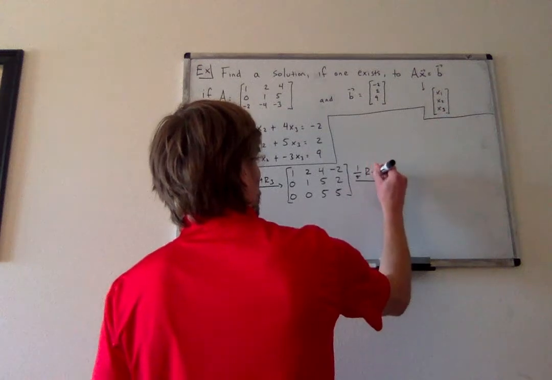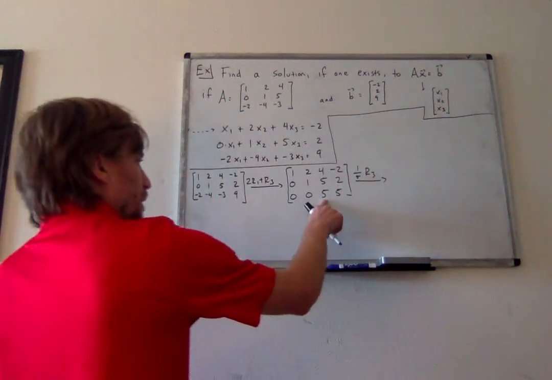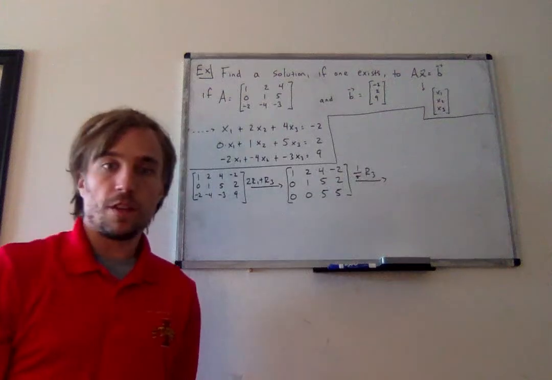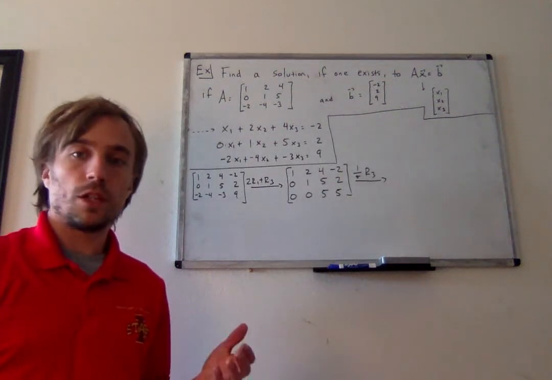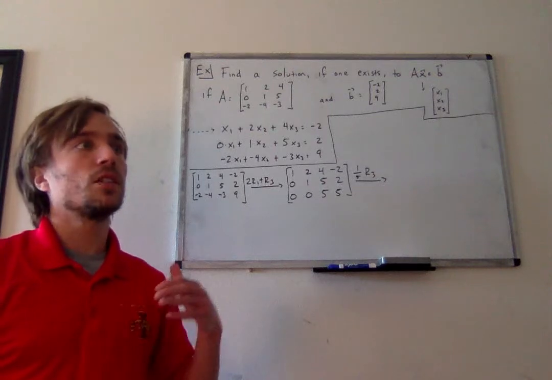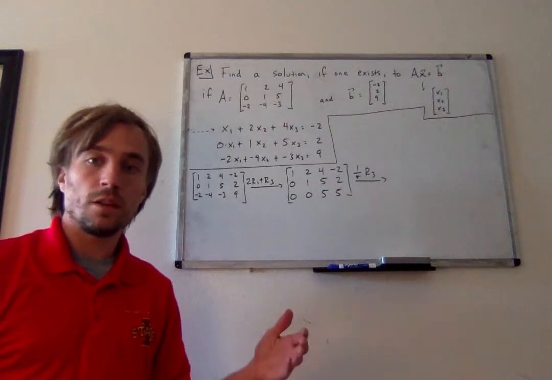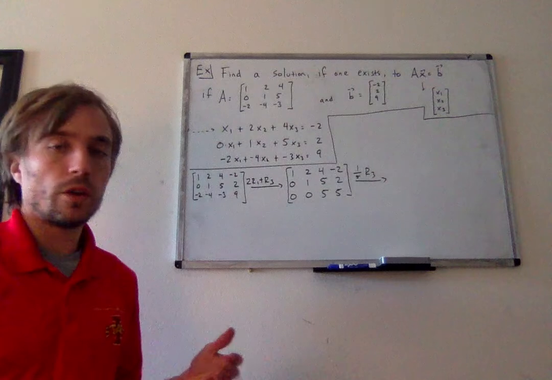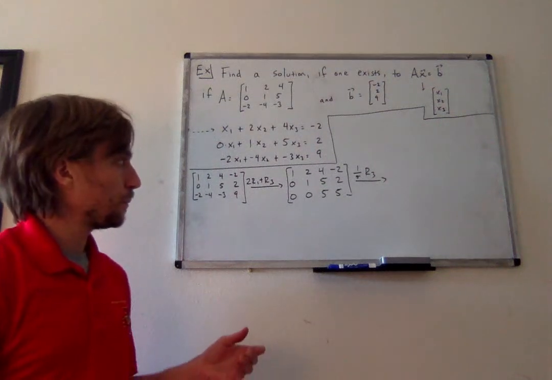This is because I recognize that I want this position to be a pivot in my reduced row echelon matrix, meaning it's going to correspond to a leading 1 in my reduced row echelon form matrix.